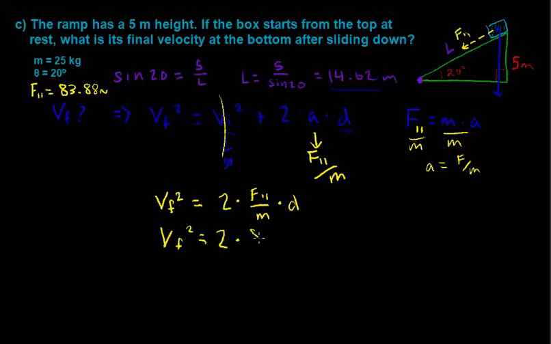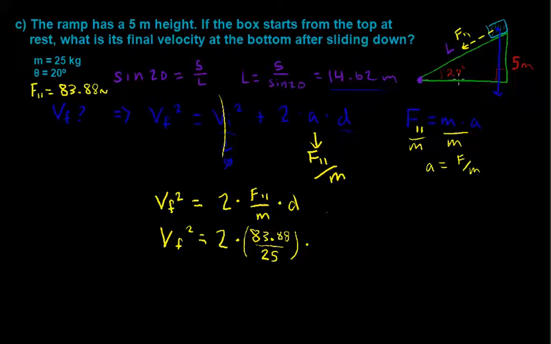So we can just write that in over here. So 83.88. Let's put this in a parenthesis so that we can discern our numbers from each other. And then the mass of our box is 25 kilograms. So divided by 25, and then times distance.